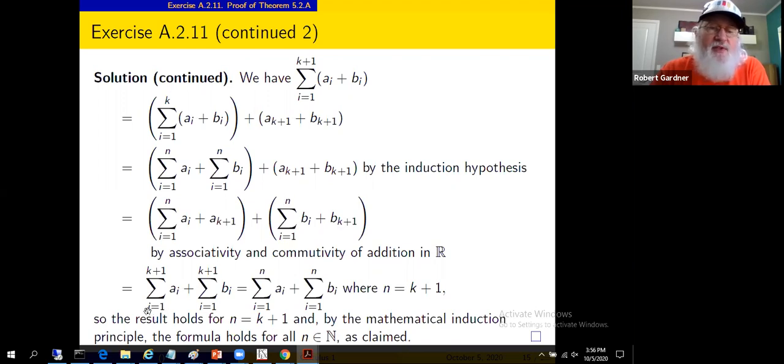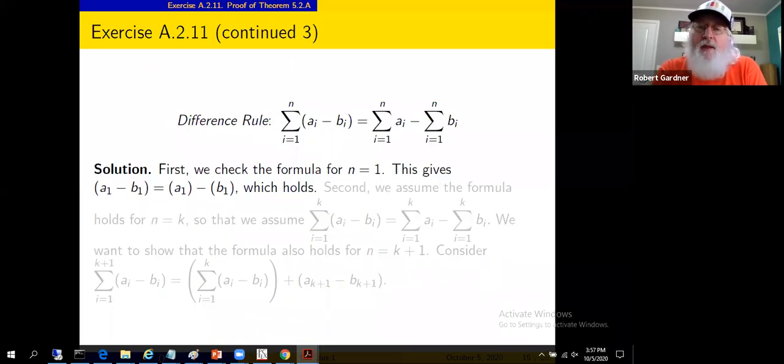So you ultimately have a sum from 1 to k plus 1 of the a sub i's. That is the formula when I substitute k plus 1 for the parameter n. So the result holds for n equals k plus 1, and by induction it holds for all n. Not a surprising claim, more an illustration of the principle of mathematical induction.